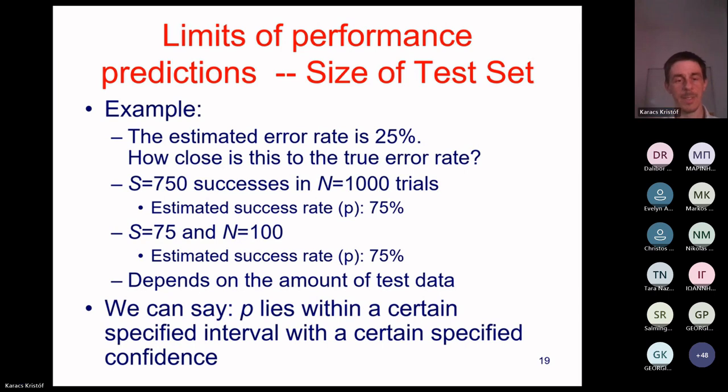But in this, the difference in the test set will actually lead to a difference in the certainty about the success rate and the error rate as well. So we can usually say that the estimated rate lies within a certain specified interval called the confidence interval.